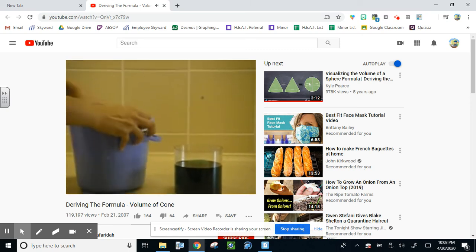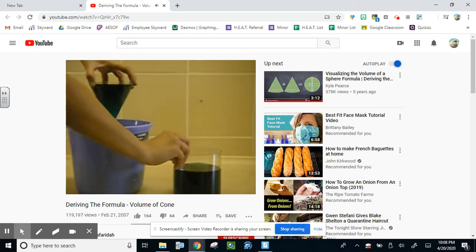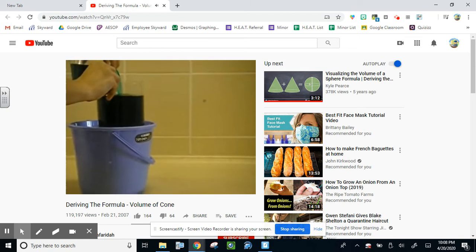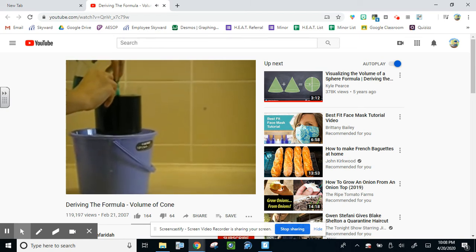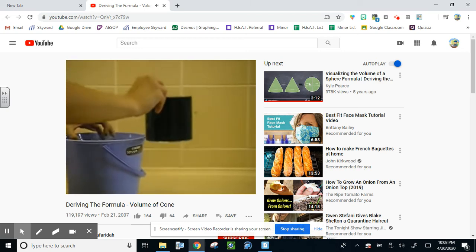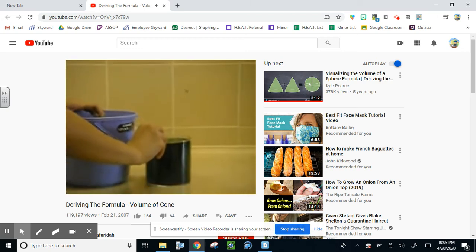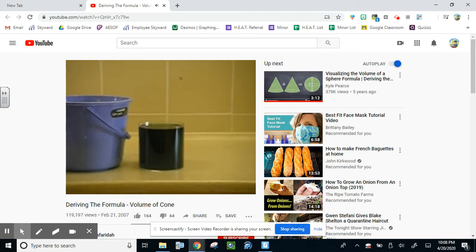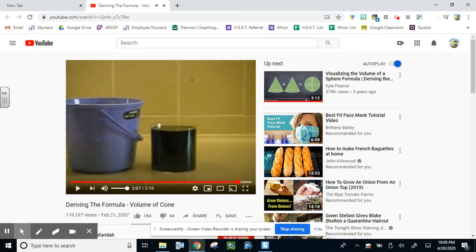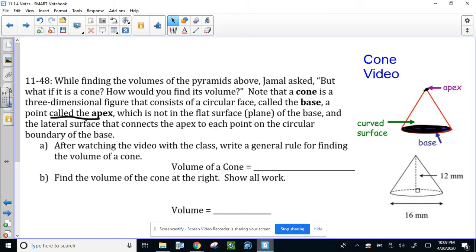And so now he's run out of water in the bucket there, but he's trying to, without dropping anything, fill that cylinder all the way up. And so we can see there that if he fills it, it takes 3 cones to fill up one cylinder, just like we saw with the pyramid.